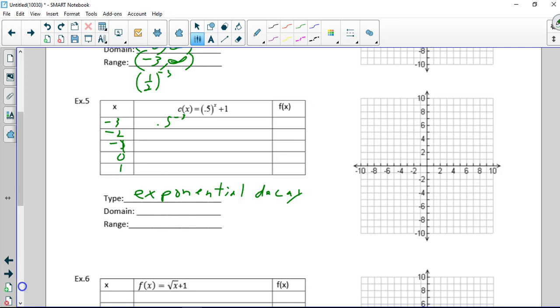So if you did 1/2 times 1/2 times 1/2, you get 1/8. But remember, we have to flip it, so it's 8/1. And then plus 1 would be 9.